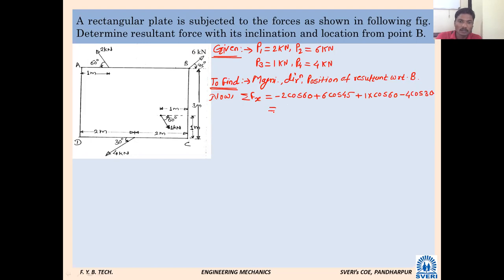So tell me, the total is 0.28 kilonewton.